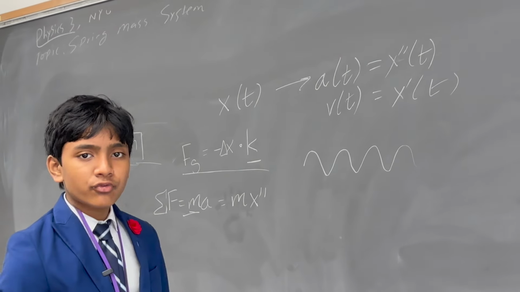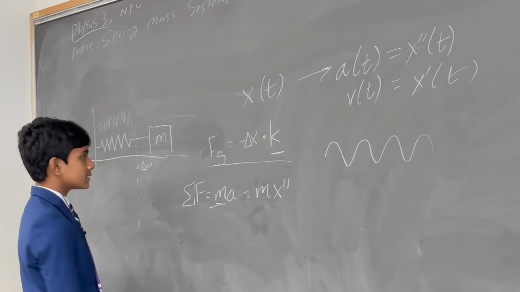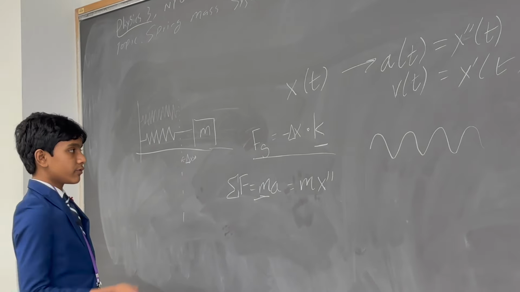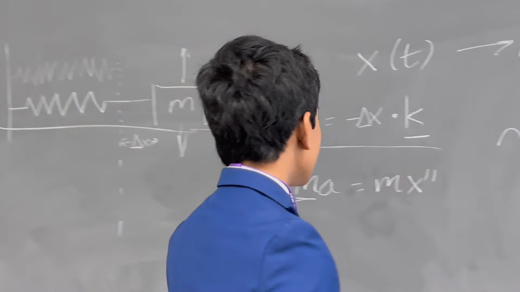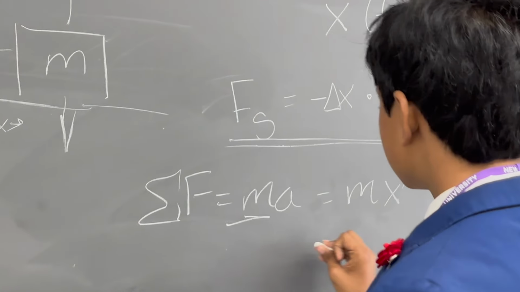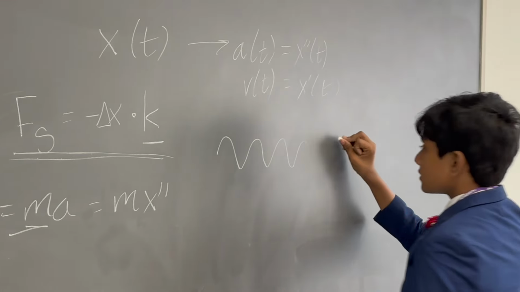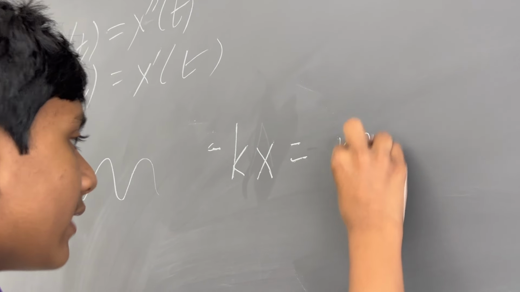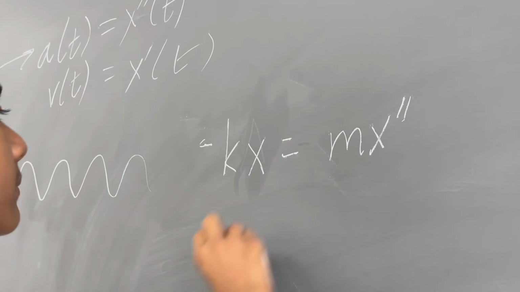Well, the only major force horizontally on this mass, which is not moving vertically because those two forces are balanced, assuming no friction, is going to be Fs. So that means minus k delta x, or minus kx to keep it short, assuming that the equilibrium position is x equals 0, is equal to that net force, m x double prime.